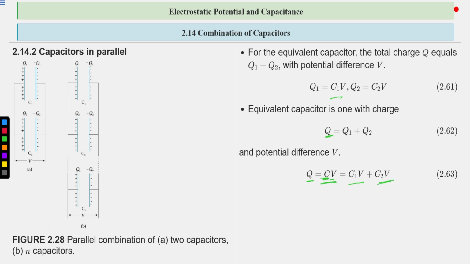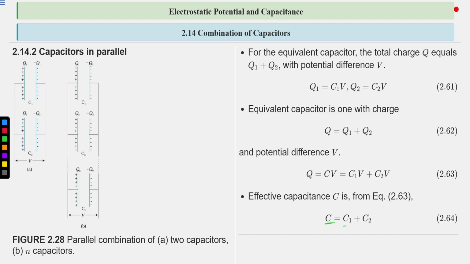Okay. So after rearranging and solving, V will cancel out from all the parts of the equation and C becomes C1 plus C2. So in parallel combination, the effective or equivalent capacitance will be C1 plus C2.